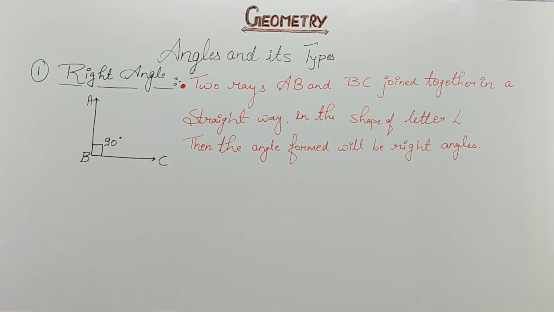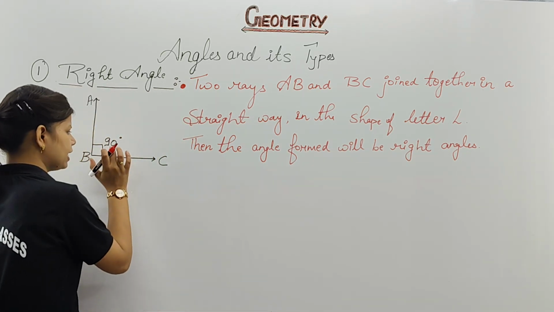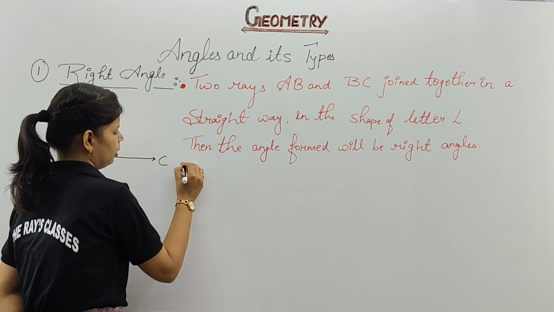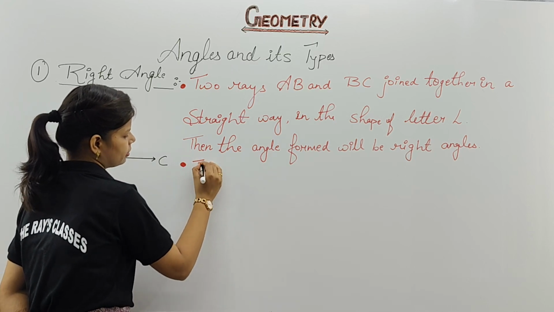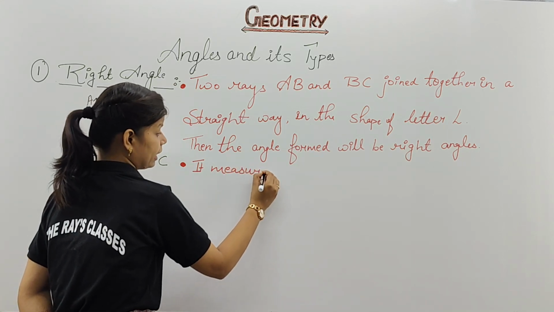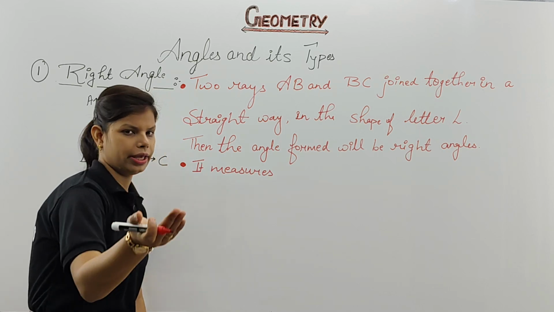Now we are going to discuss the second point of yours, and that will be how many degrees it measures. Okay, very good. So it measures exactly 90 degrees. The second point which you are going to mention is, it measures exactly, meaning there should not be any more or less, it will not go lower or higher.